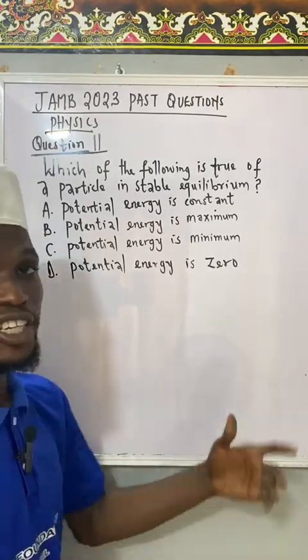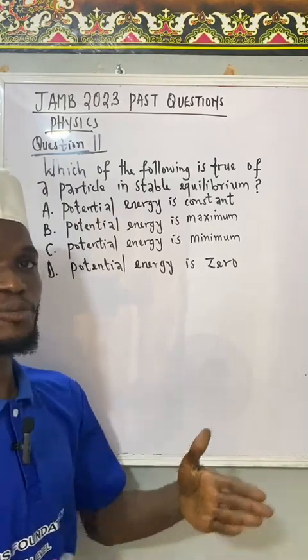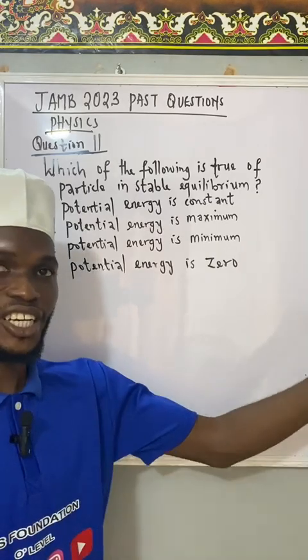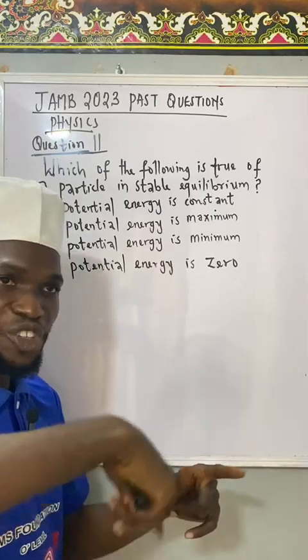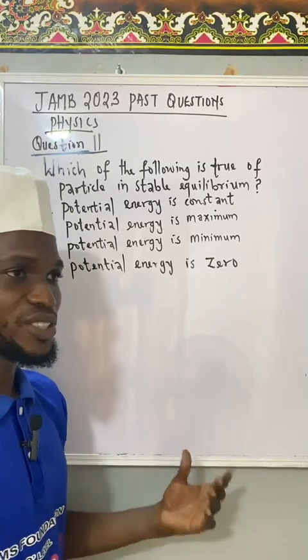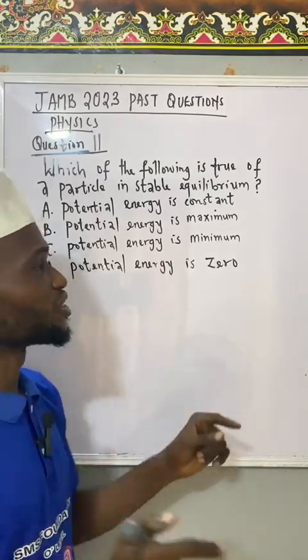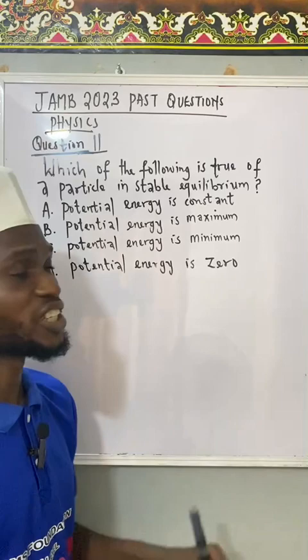Another way of classifying equilibrium is the direction of motion. If an object is moving in a straight line and it's in equilibrium, we call it translational equilibrium. And if the body is moving around in a circle about its axis and is in equilibrium, we say it is rotational equilibrium. So in that case, we have translational and rotational equilibrium.